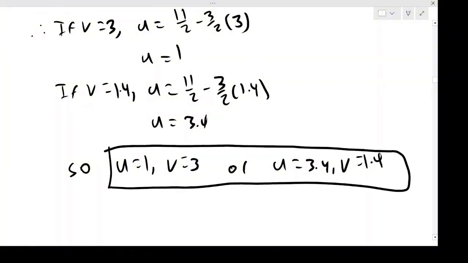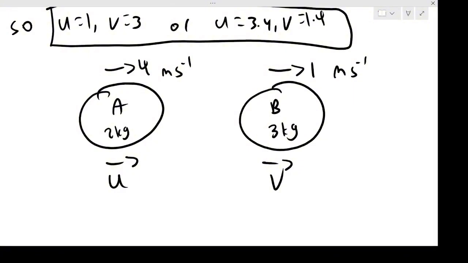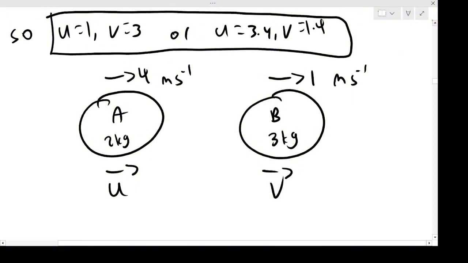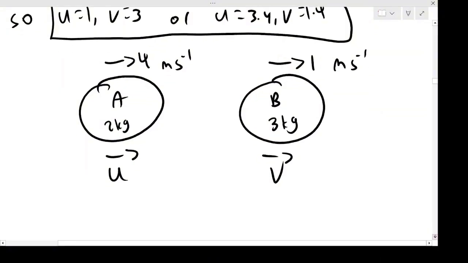So we need to rule one of these out. Okay, so I've copied the diagram out for ease here. Again, my two solutions here look like normal values, right? Now you can rule out the solution in two ways. You could either think about it.